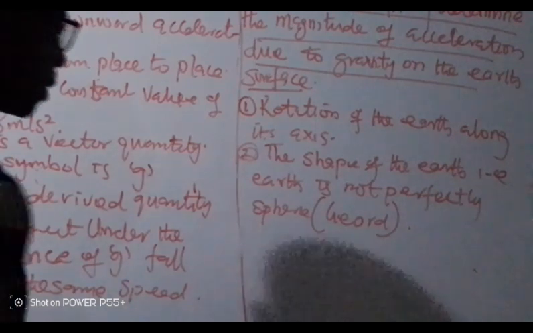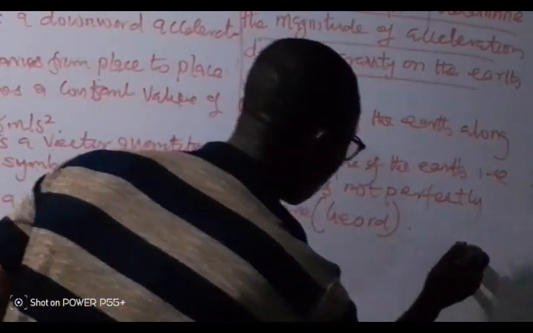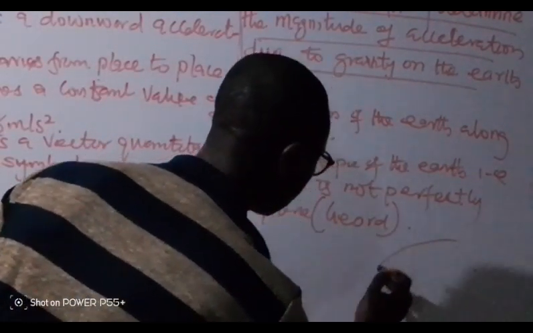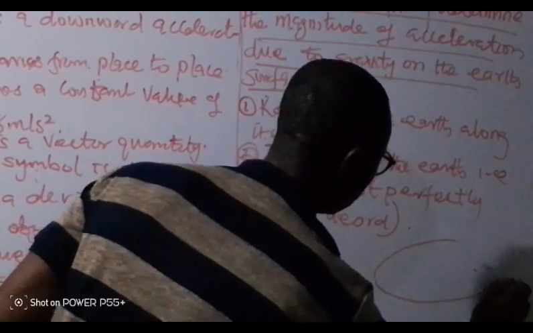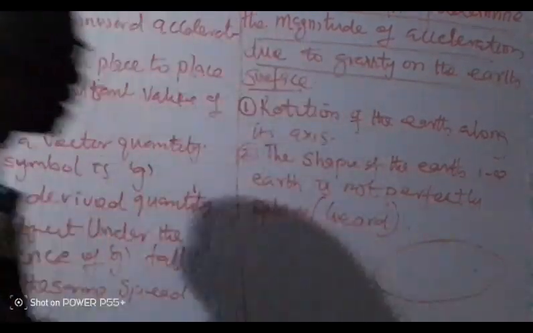When you look at the shape of the Earth, it's something like this. Geoid in nature, not perfectly spherical.